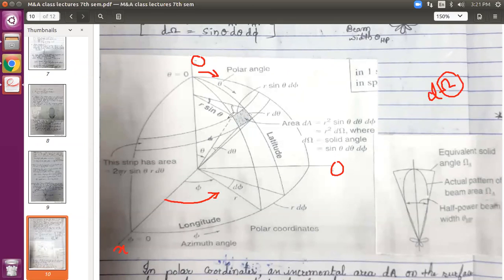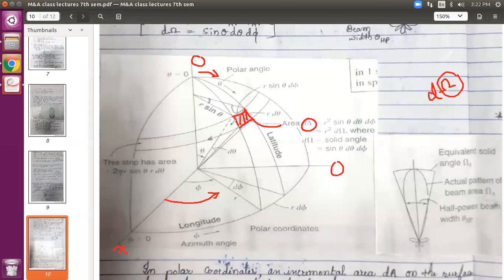Now, in this overall spherical coordinate system, we have considered a small patch. This area is dA, not capital A. dA means a small area. If you integrate, you will get the overall area. A small incremental value is dA.